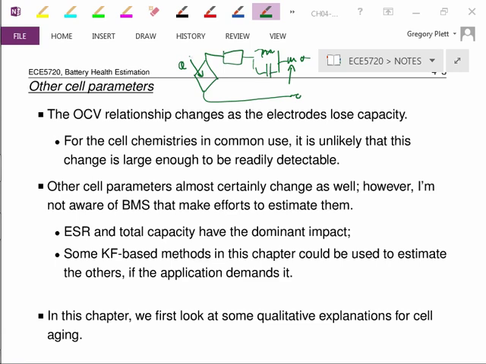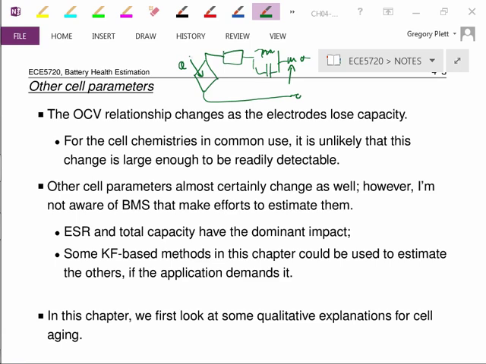Other cell parameters almost certainly change. There's no reason to suspect they would remain constant. The hysteresis rates may change, the hysteresis magnitudes may change, the resistor-capacitor time constants almost certainly do change. At this point, I'm not aware, though, of any battery management system that tries to estimate these quantities.